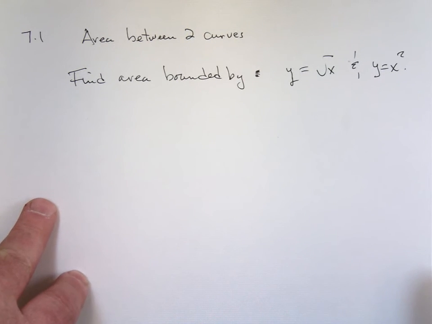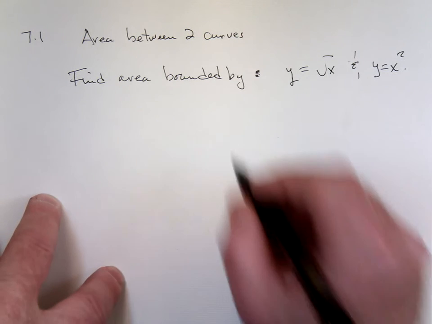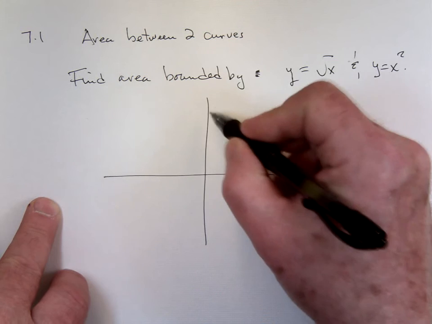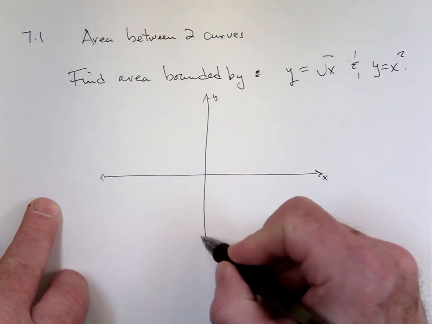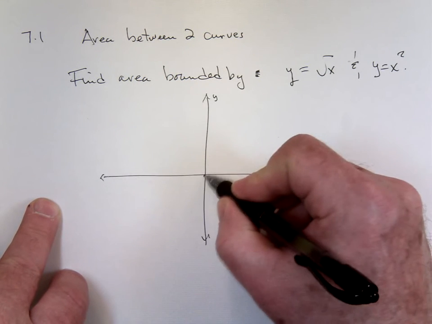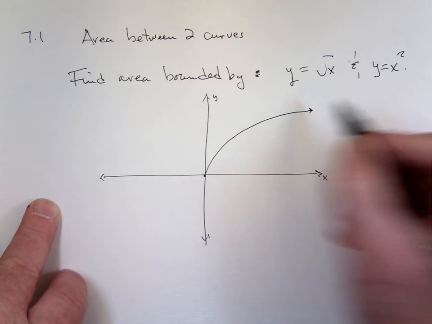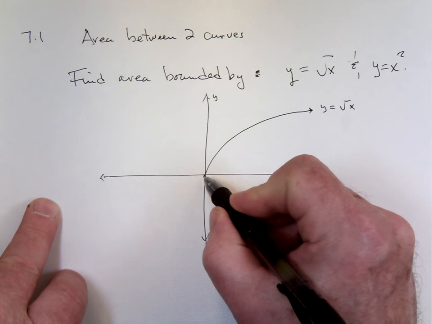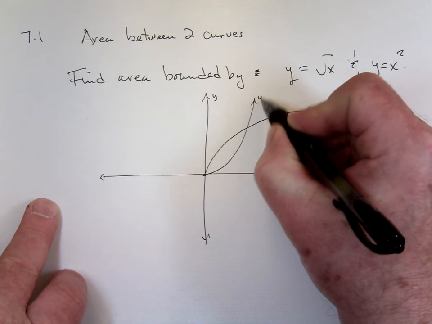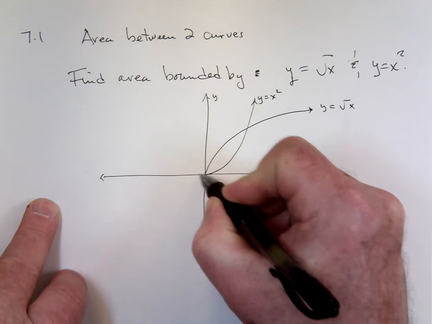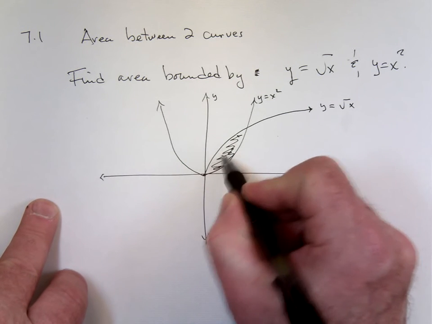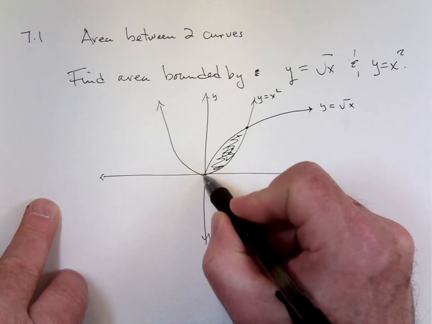Well, let's see what we're looking at here. y equals the square root of x. y equals x squared. Okay. This is the area in question, the area bounded by those two.